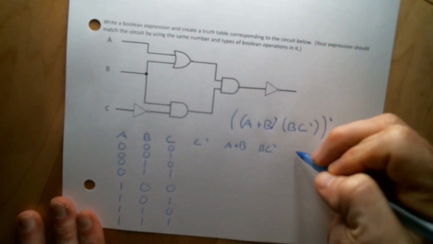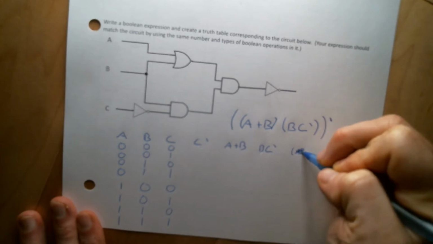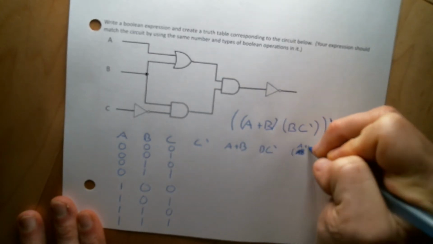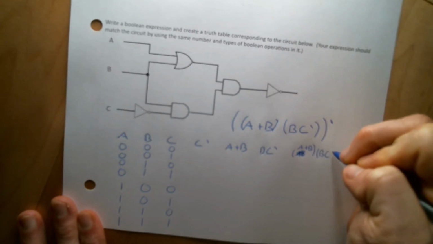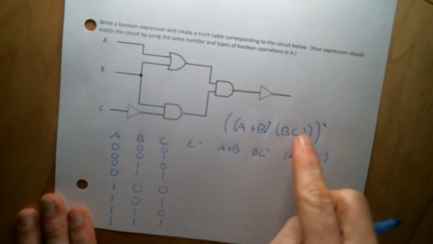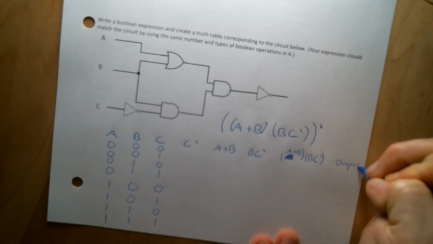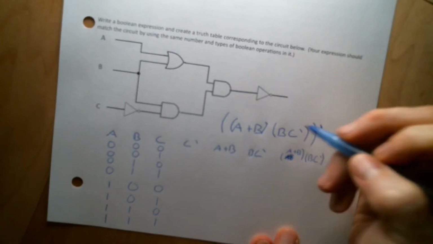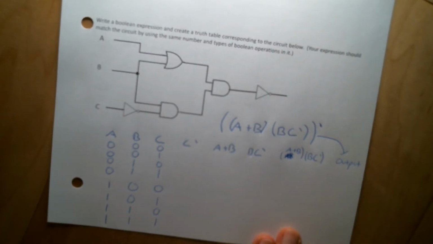I could put in a column for A plus B times B C naught. And then I could put in a column for the final output. But you always need to have one that represents the final output. And again, the output for this one, we already wrote the expression, is this right here. But that would be the final output.